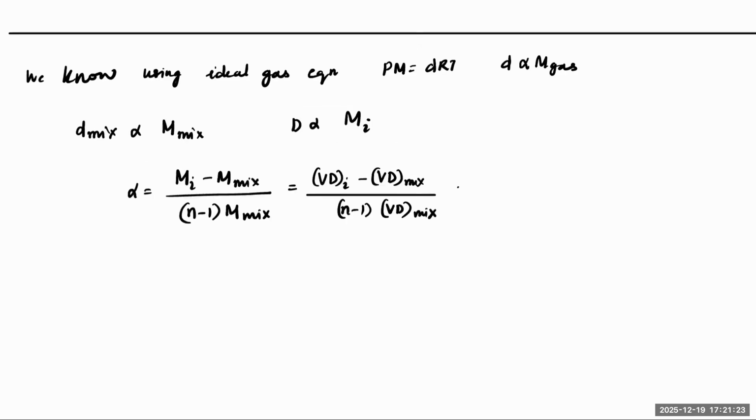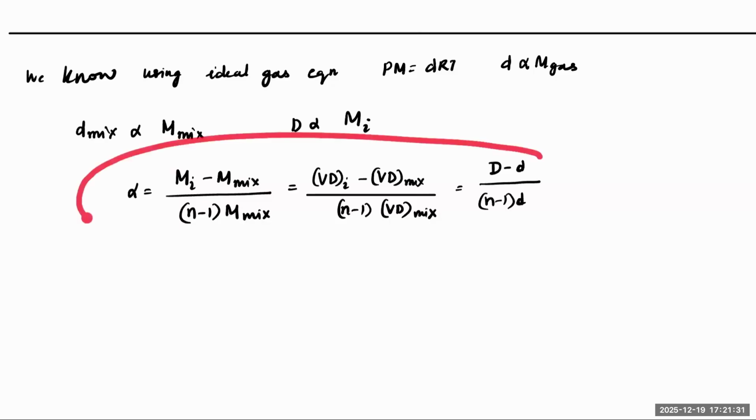And how we started is from this one, capital D minus small d by n minus 1 into d, correct? So these three are the formulas which are related to one another. So it can be asked in so many different ways. Sometimes the data would be of molar mass, sometimes of density, sometimes of vapor densities. In any case, we should know how to use that.